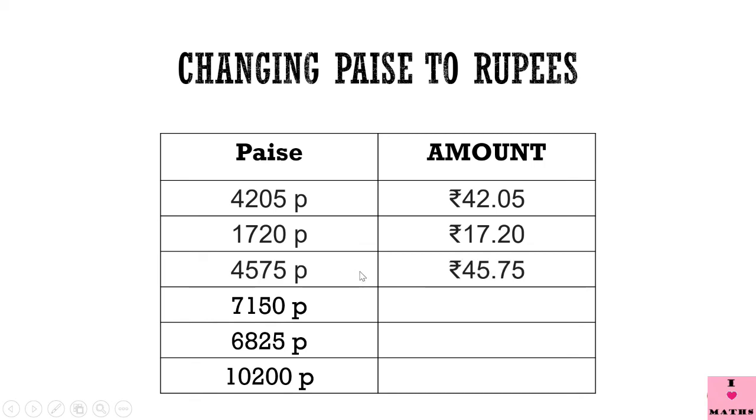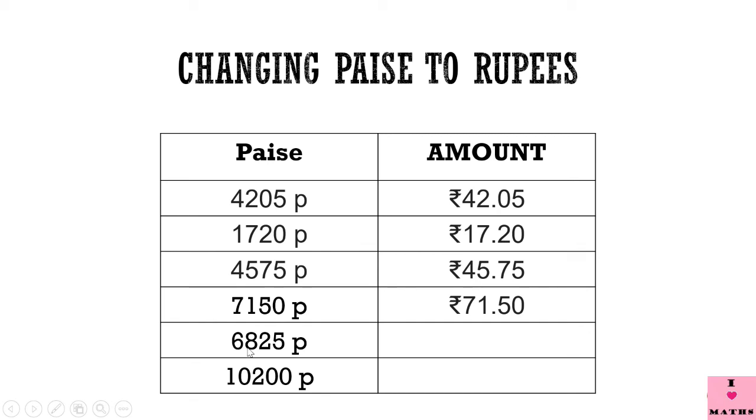And the answer would be rupees 45 and 75 paise. 7,150 paise. We will leave ones and tens place and we will put a point here. So this money is rupees 71 and 50 paise.